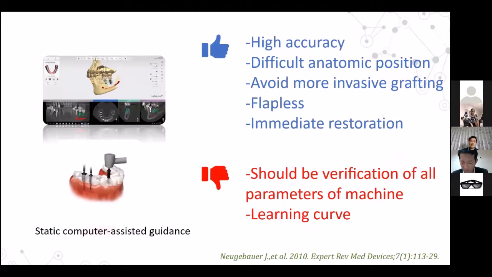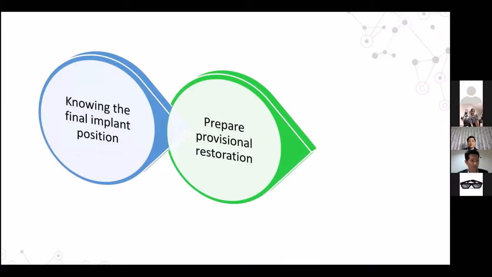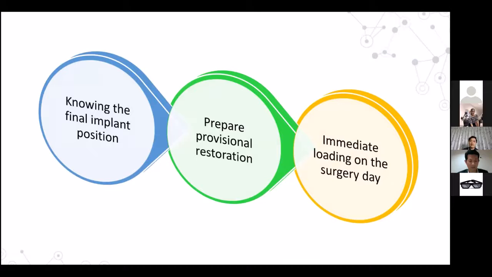But there should be verification of all parameters of the machine, and it needs a learning curve for the surgeon and the technician. Another advantage of the static guide is that when we know the final implant position before the surgery, we can prepare a provisional restoration and do the immediate loading on the surgery day.